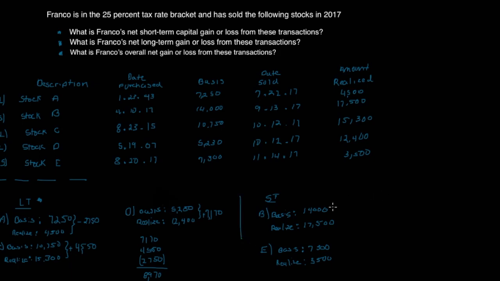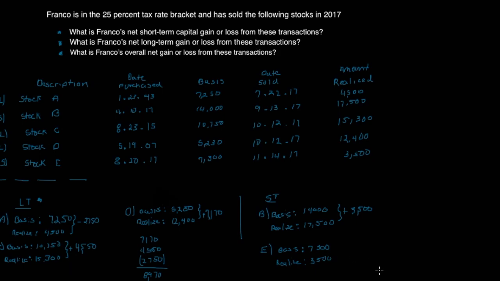So let's go ahead and calculate that real quick. So here for your stock B, short-term basis of $14,000, realization of $17,500, the difference of $3,500. And that is a gain because your basis is less than your realized amount.